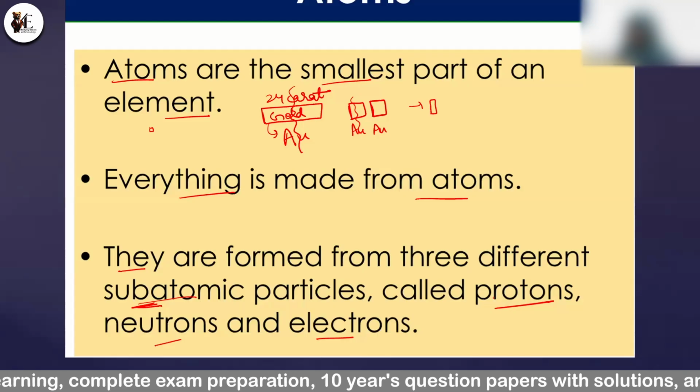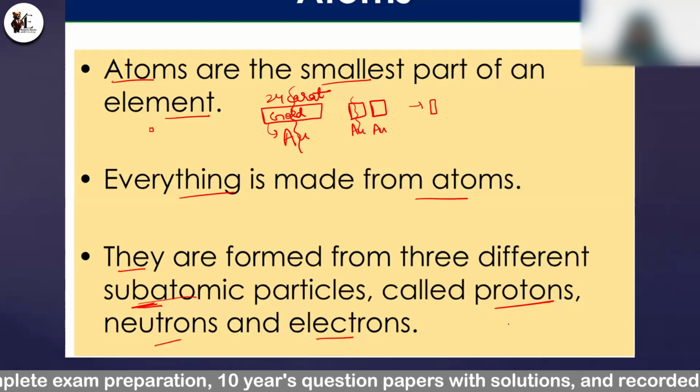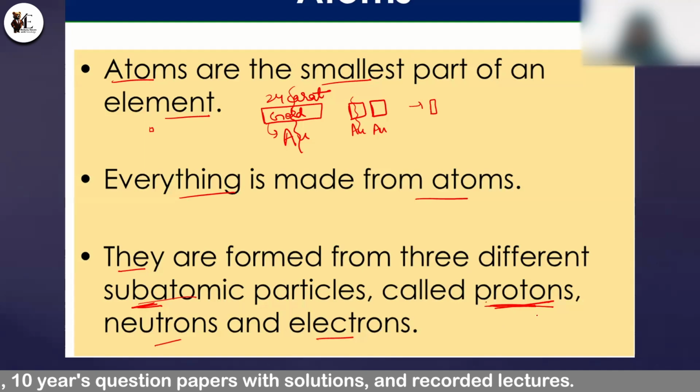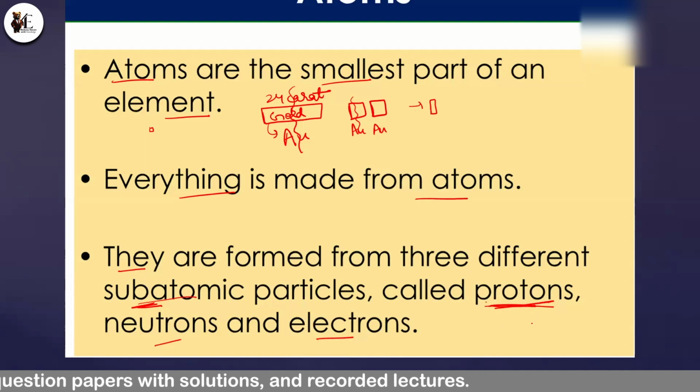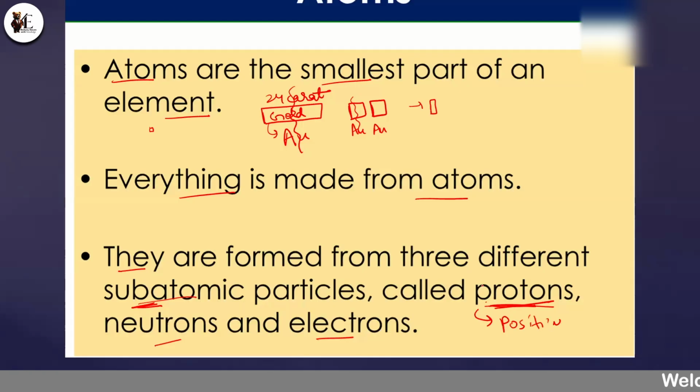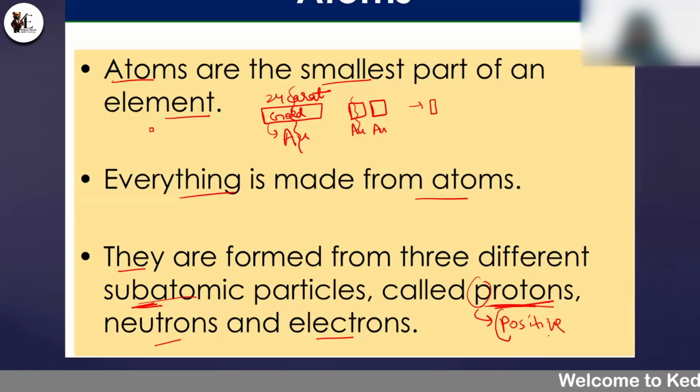Do you know what is the charge on proton? Is it positive or negative? Is it negative? No, see, P means positive charge. You can remember it by a trick: proton, P to P, proton is positively charged.